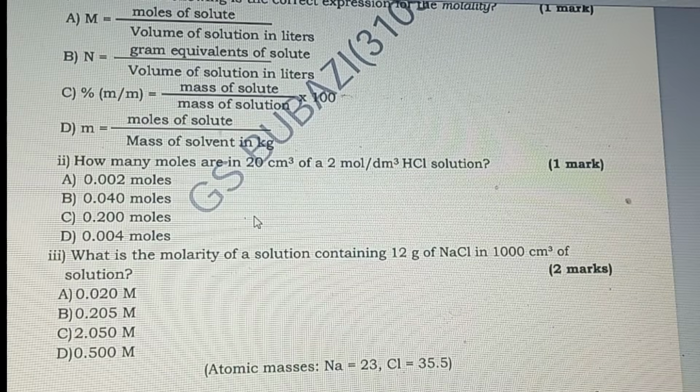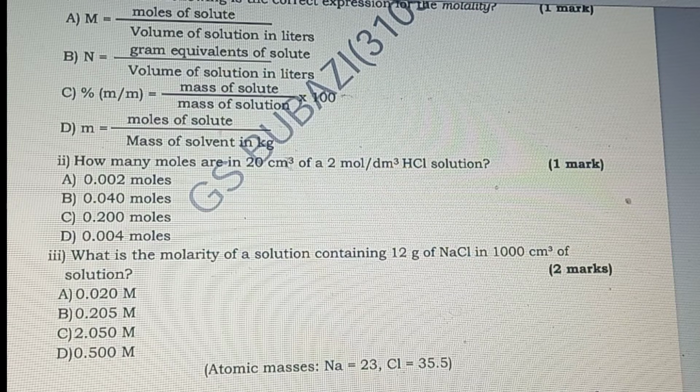Okay. Let's continue with 7.2. How many moles are in 20 centimeter cubed of a 2 mole per decimeter cubed hydrogen chloride solution? The best option is this one, B, 0.04 moles.